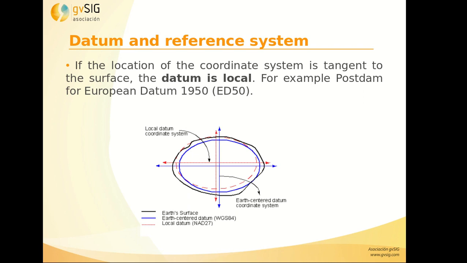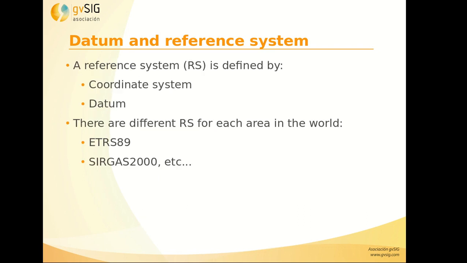For example, if the location is tangent to the surface in a local area, for Europe, one of the datums that has been used in the last years was ED 50, European Datum 50.